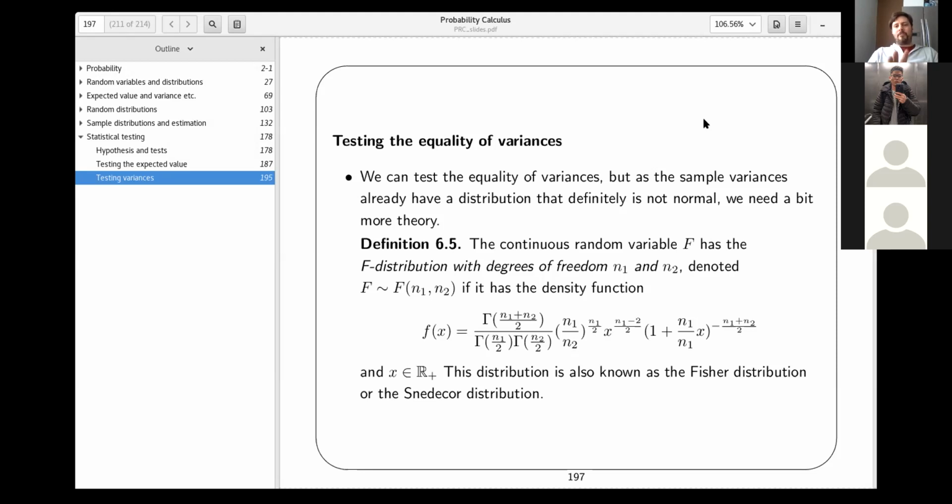This is just for reference here, and I don't want you even to look at this formula. This density function of what we call the F distribution is totally not needed. What happens here really is that when both n1 and n2 grow to be relatively large, this approaches a normal distribution in a way.